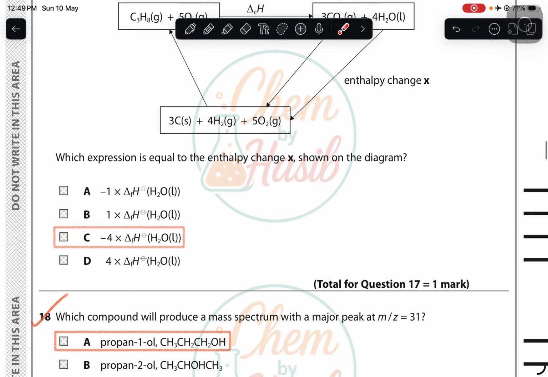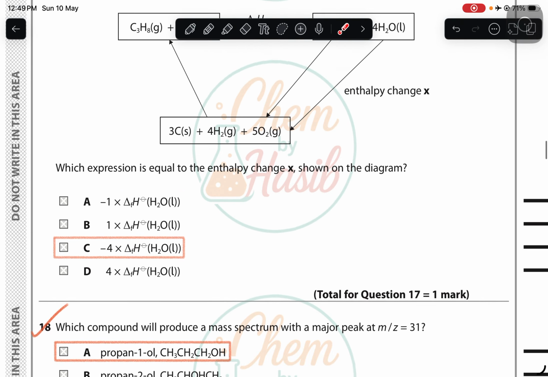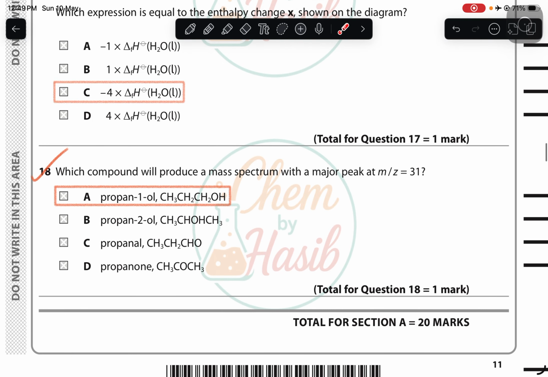Then we move on to question number 18. It says, which compound will produce a mass spectrum with a measured peak at m/z equal to 31? If you remember, I asked you to memorize some of the m/z values. Memorizing some m/z values makes it easier to figure out which fragments a compound contains, or to identify the compound. So m/z equal to 31.